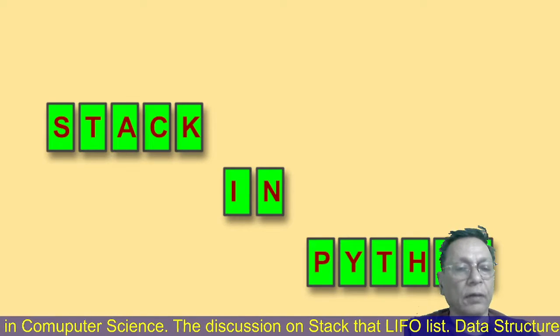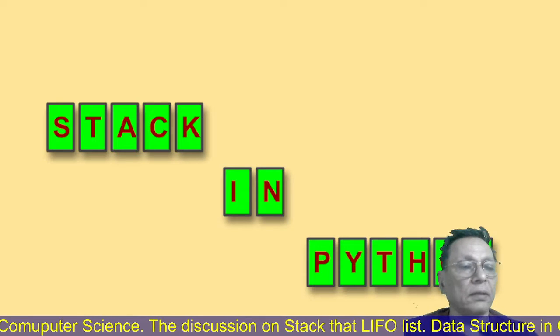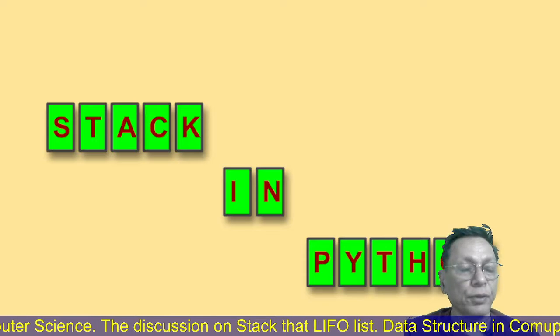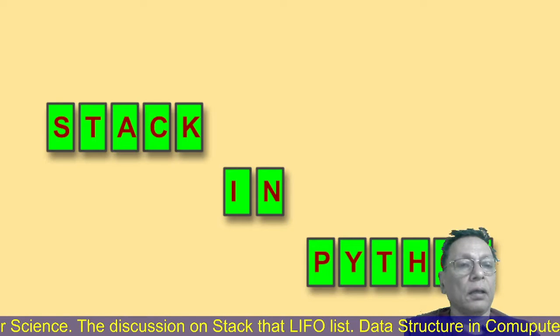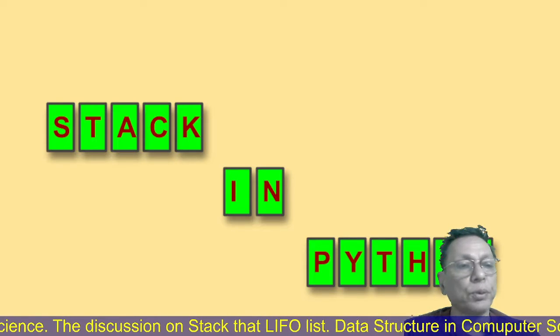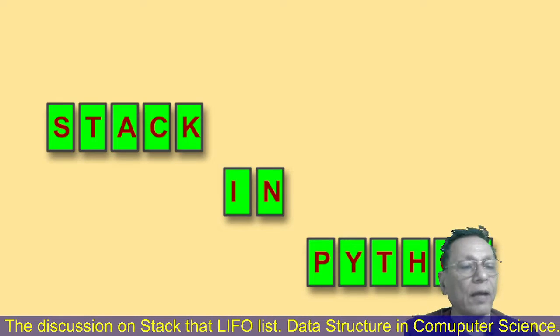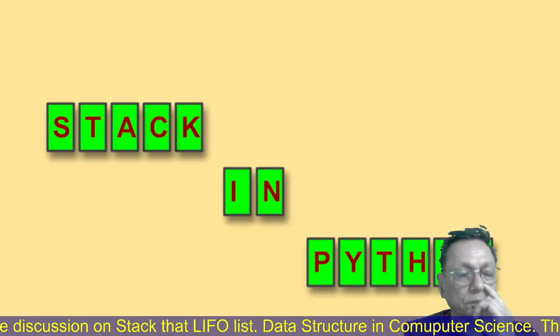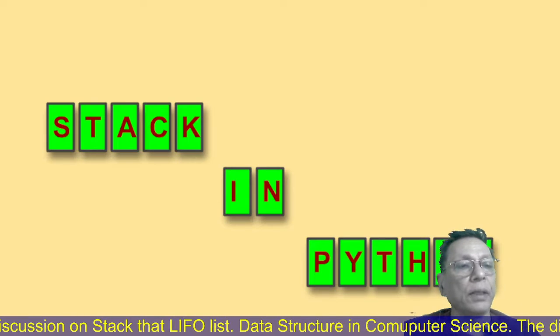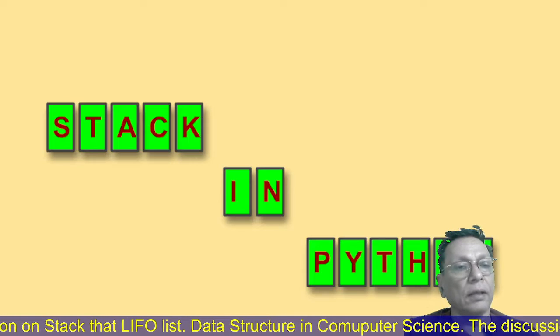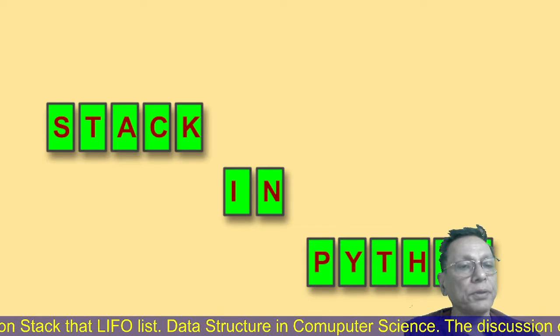So, as we have discussed the stack data structure in my previous video, this time I'm going to write the program of whatever I have discussed with you. In stack, as this is a linear data structure, there are three main operations.